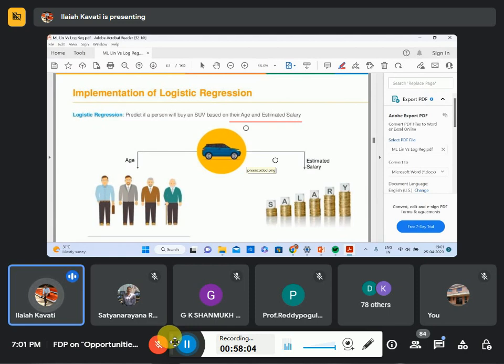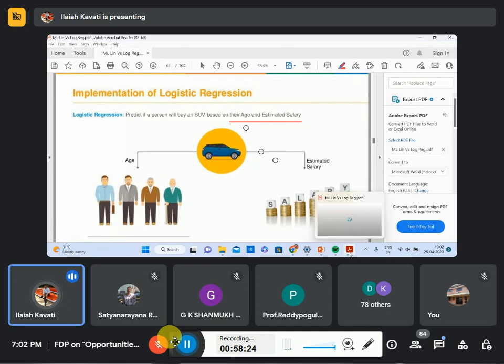Now I'll train the model. If a person comes with some age and salary, the model has to predict whether he will purchase the car or not. So this is linear regression and logistic regression.